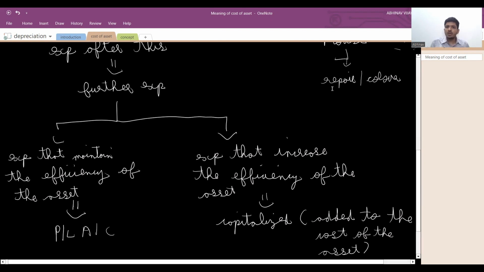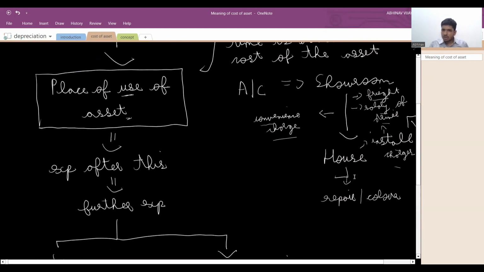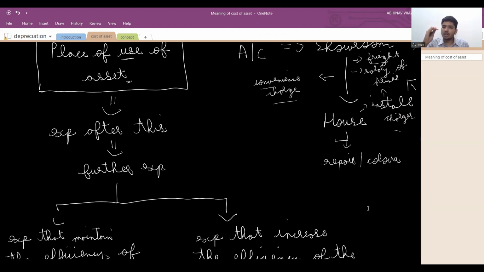Okay. So here, when you bring the AC to your house, if the AC has some problem of cooling after 1 year, you have to repair it. So when you repair it, you bring it to the same level of efficiency that the AC was functioning in at the beginning.